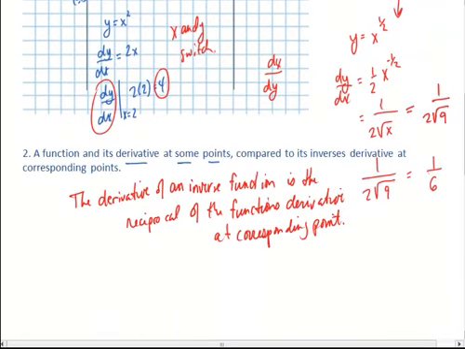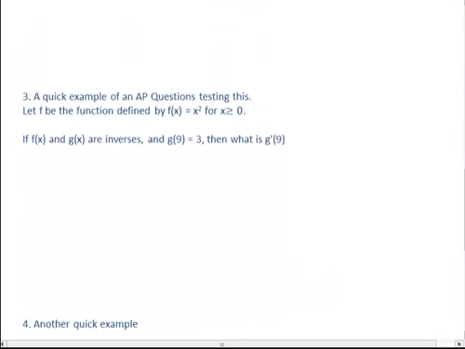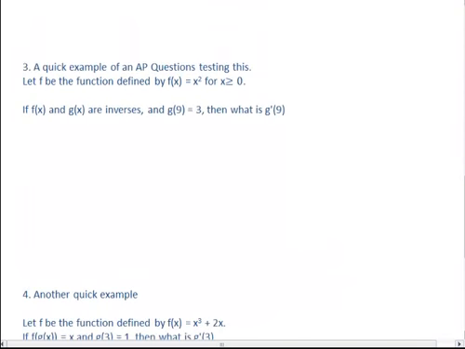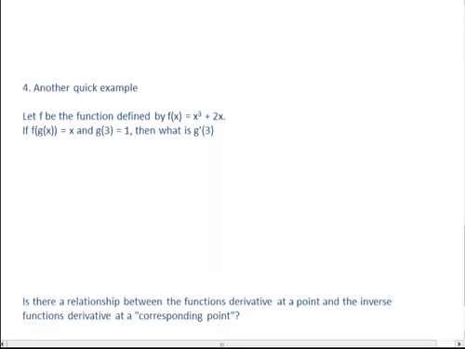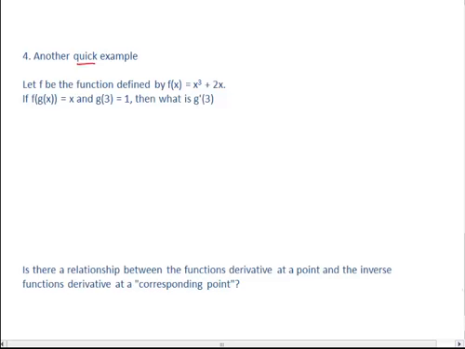So, when we look at an AP problem, they would say to us, as an example, we'll just use this quick example, they would state the following. They would say that f of x is equal to x cubed plus 2x. They would not give us a graph.